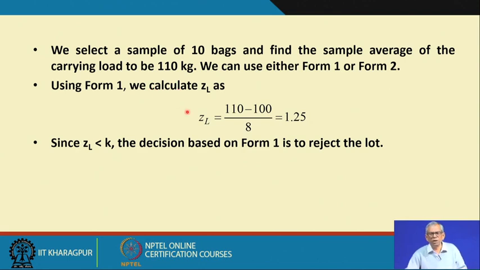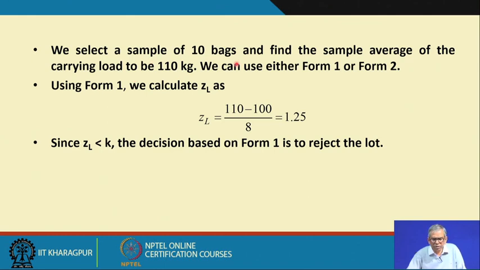Obviously you can refer to the other formula for k if you want to meet the consumer's risk condition exactly. Or what you can do, you can calculate the values of k using both the equations. That means there will be two values, and you may also take the average. So that is the third option you can also adopt.